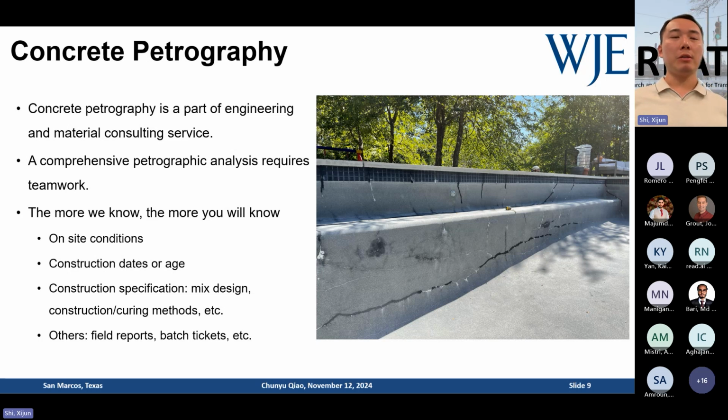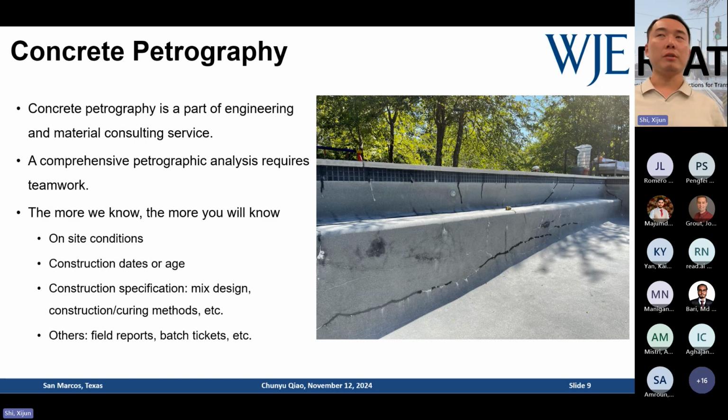Some major information we want to get, and want to communicate with our clients or different parties, includes what the on-site conditions are, if you are talking about some problems on site with your structure or construction, and also how old the concrete is. So what are the construction dates, or the ages of the different concrete members or structural members.